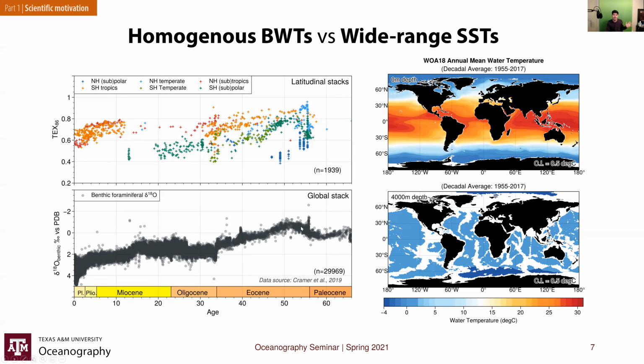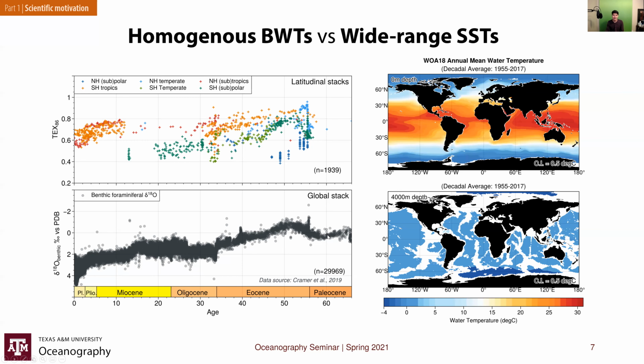What you see here on the left hand side is what I compiled, all the published data of the proxy I will use in my project, which is TEX86, compared with the benthic delta 18O, the Zachos curve that we already discussed. The first thing you can see right away is that the number of data for TEX86, which is our sea surface temperature proxy, is much less compared to the benthic delta 18O.